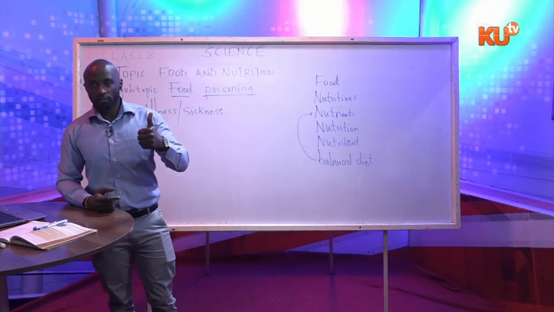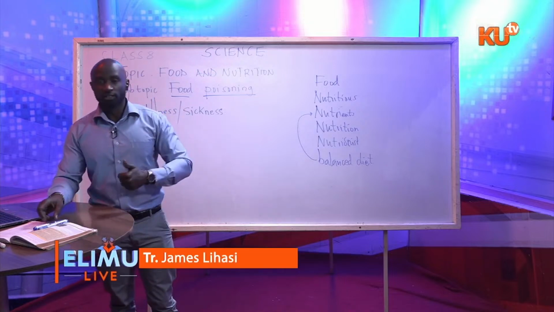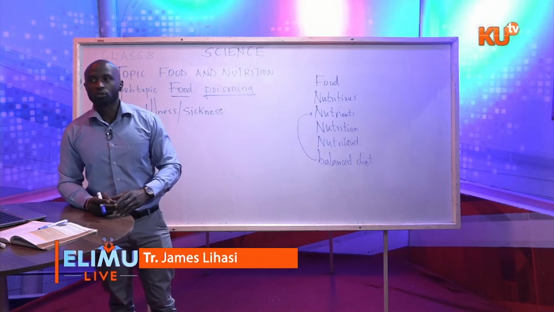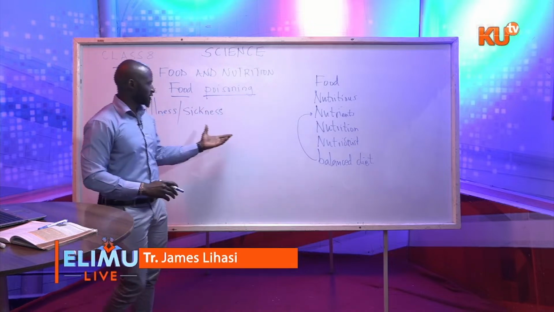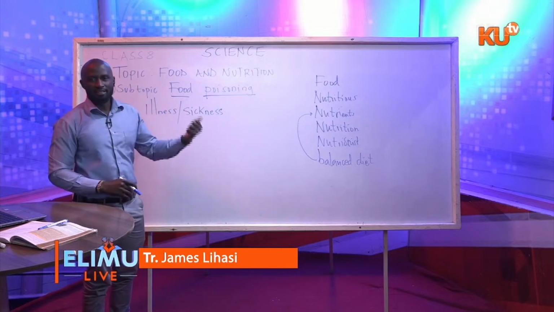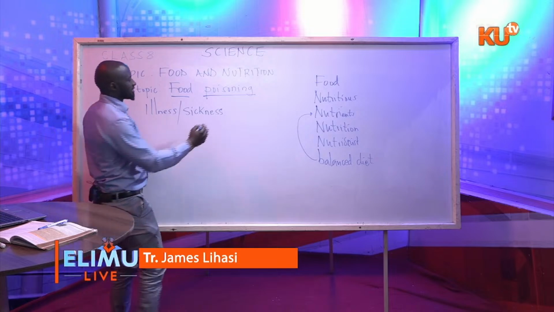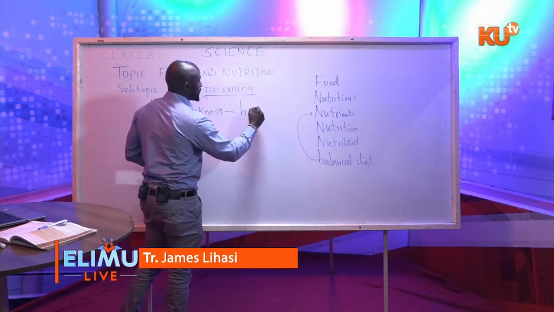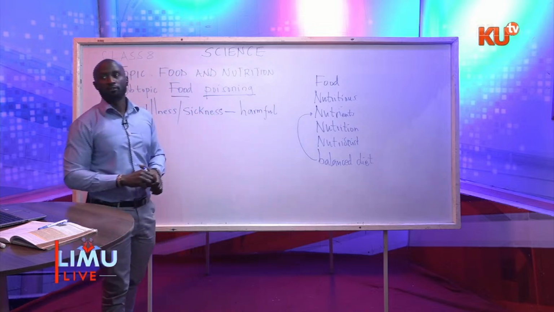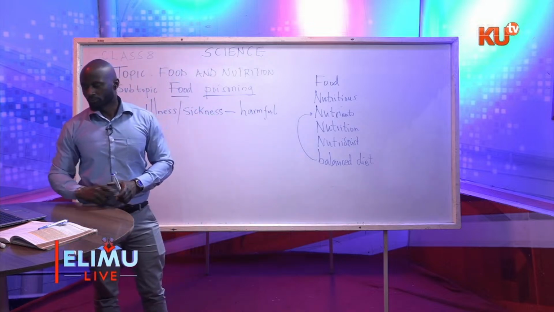Then having the knowledge and the desired skills, definitely we'll have the right attitude, and that will help us to avoid or avert some of these challenges. So food poisoning is an illness, a sickness, and it's a result of harmful substances found in the food that we consume.